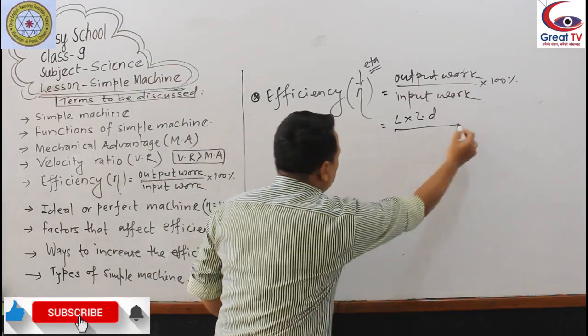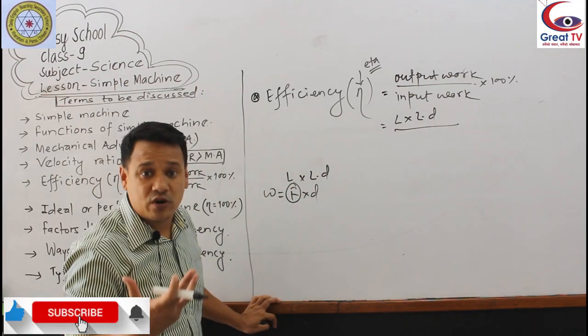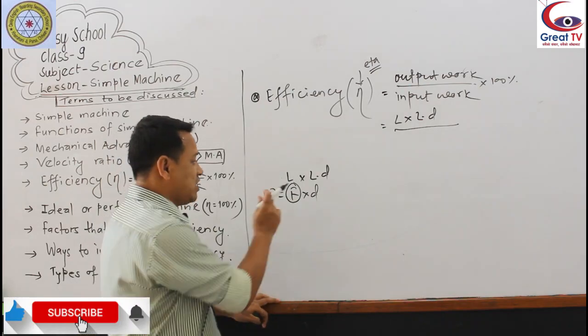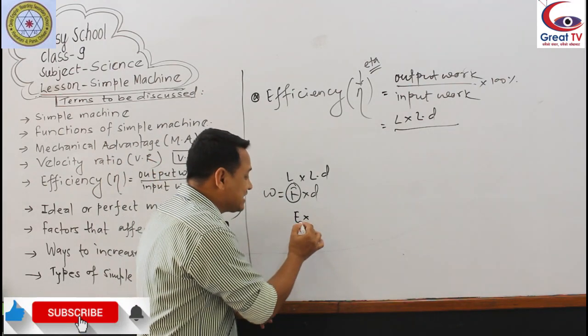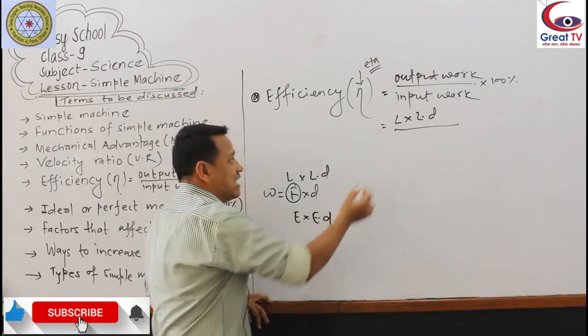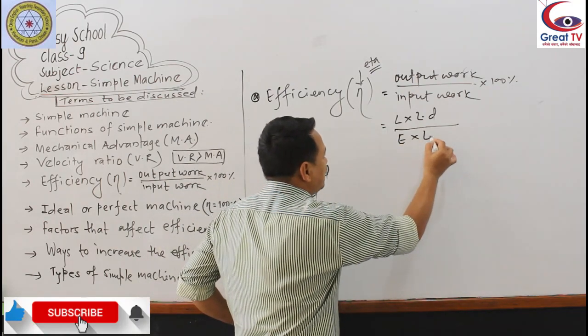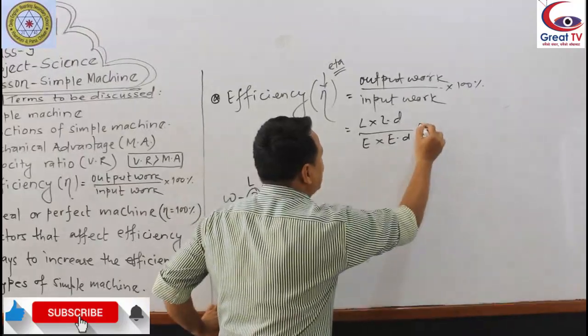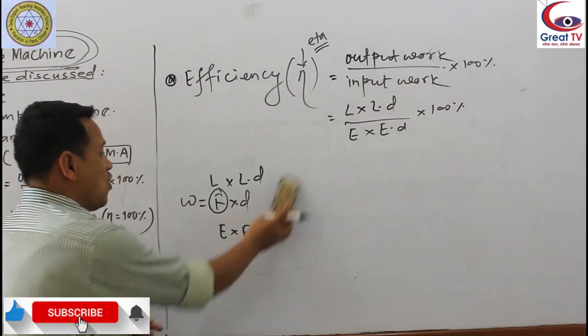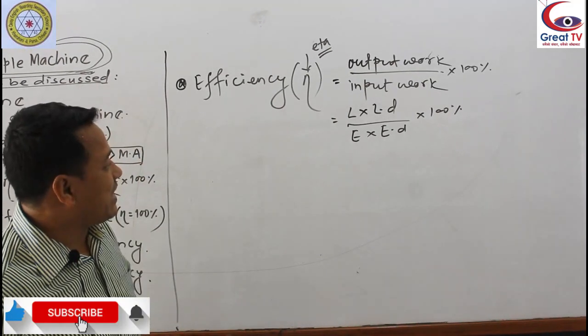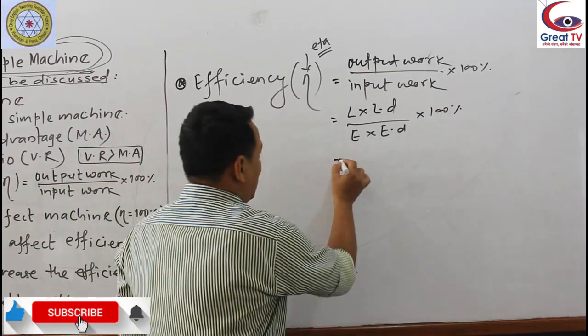Similarly, input work is work done by the effort, so force means effort and distance means effort distance. That's why we say E times ED. So efficiency is L times LD over E times ED times 100%.